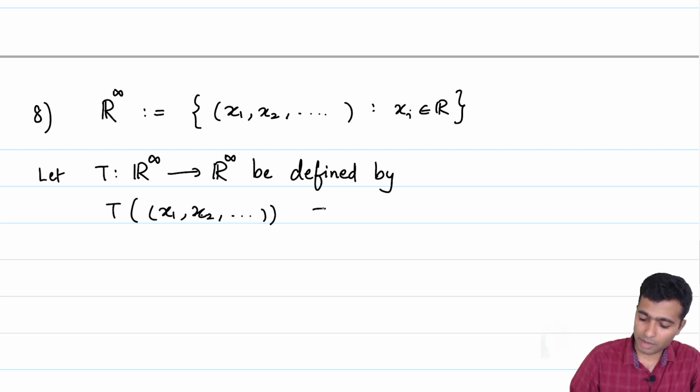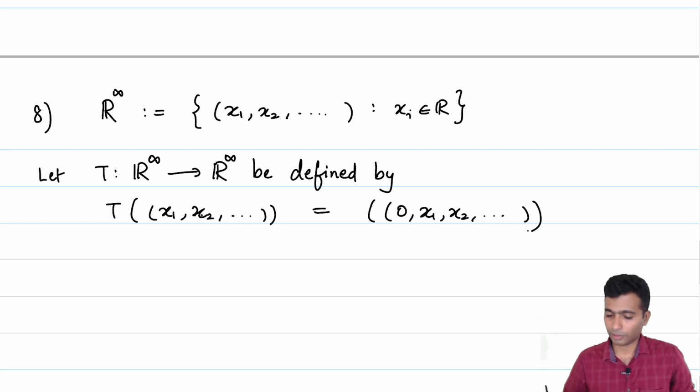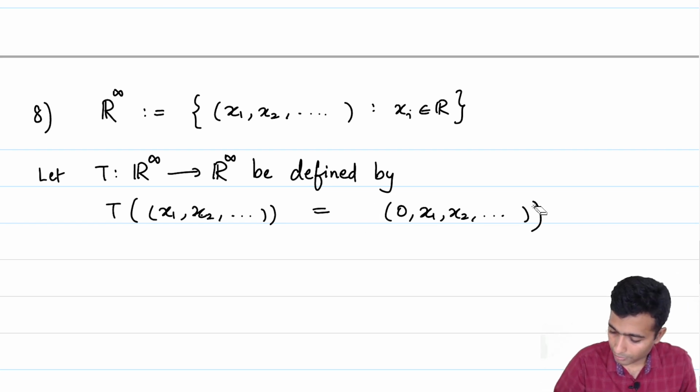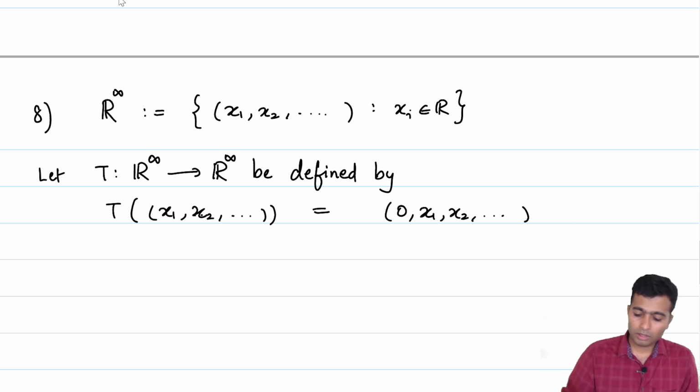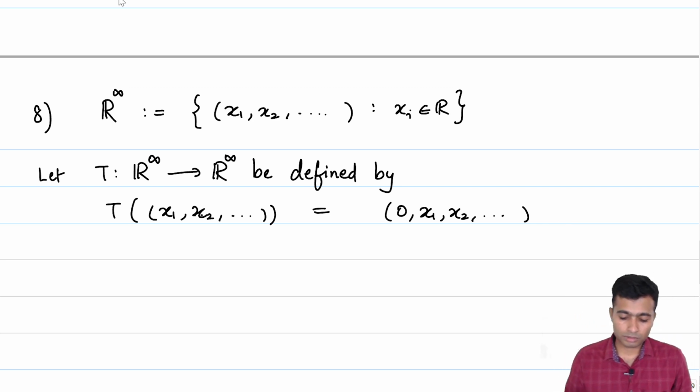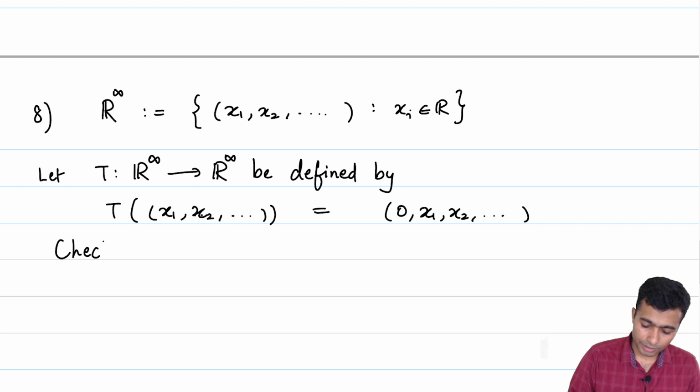This is mapped to by shifting it to the right. So, check that T is a linear transformation.